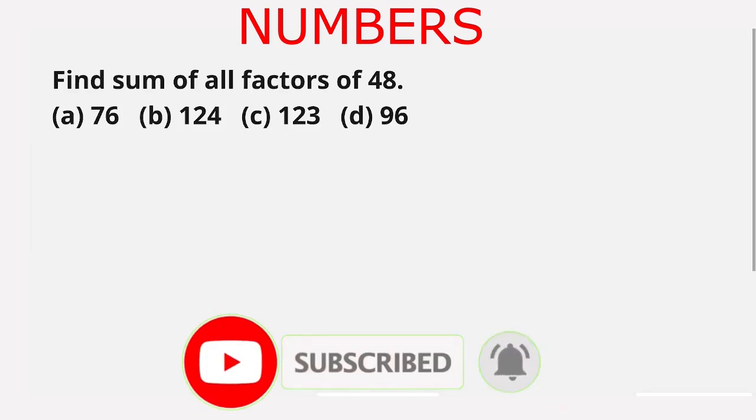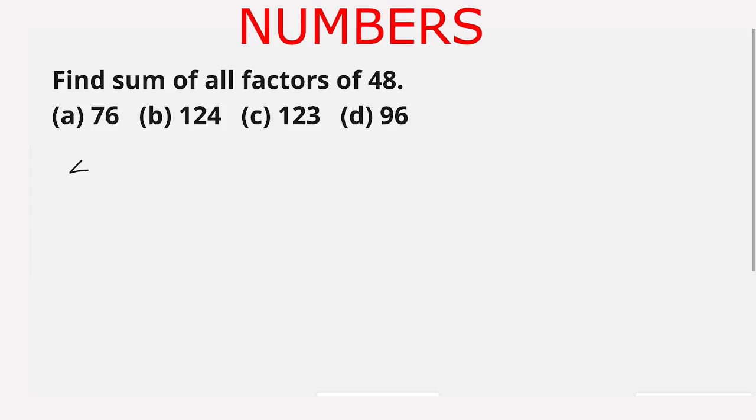First we factorize 48 into prime factors, and 48 is 16 times 3 and 16 is 2 to the power 4. So we write it as 48 equal to 2 to the power 4 multiplied by 3 to the power 1.